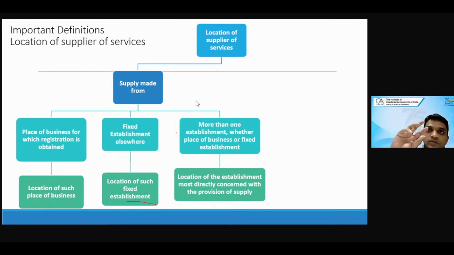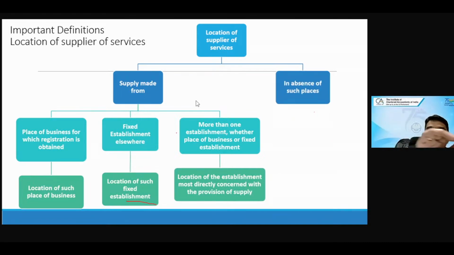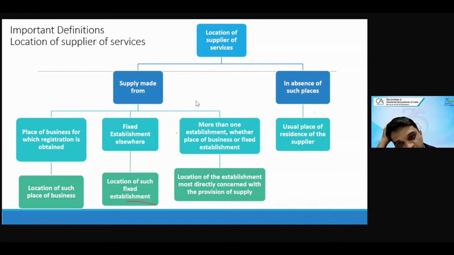From there, you are providing the service. Okay. And in a case of any such place where you're not registered or you're not having a fixed establishment, then the usual place of residence of the supplier applies. If he's registered, you know that it's the registered place. If he's not registered and he's providing a service, then the location of supplier will be the usual place of his residence.